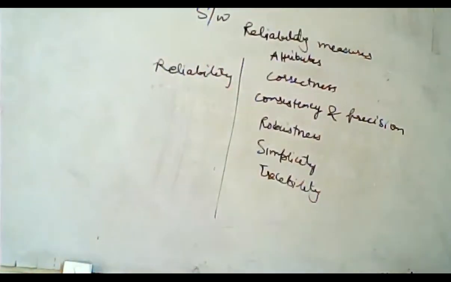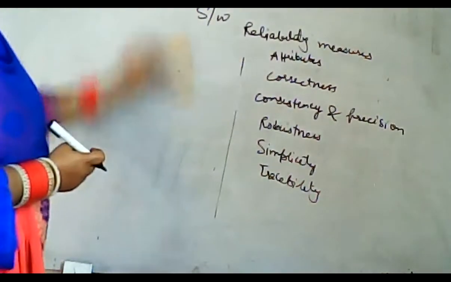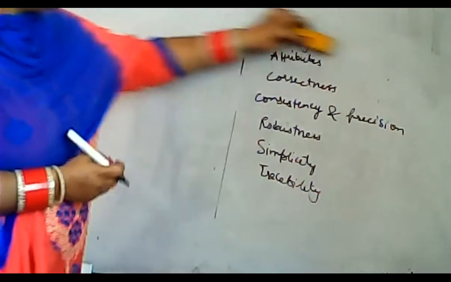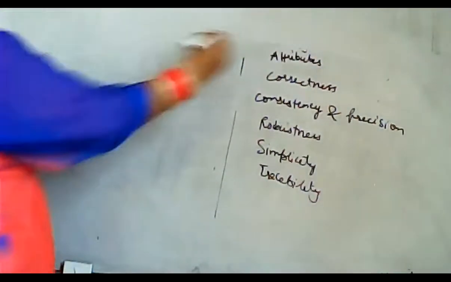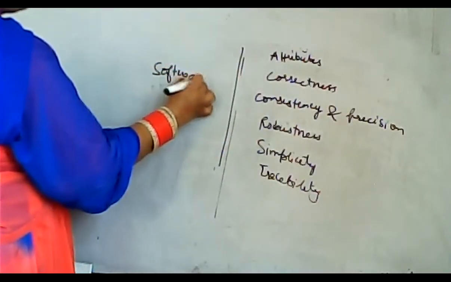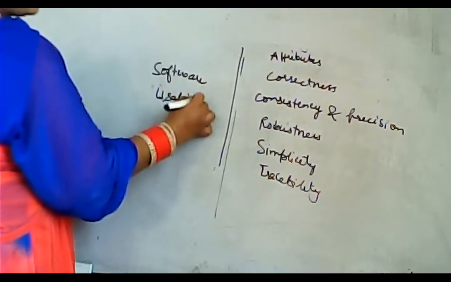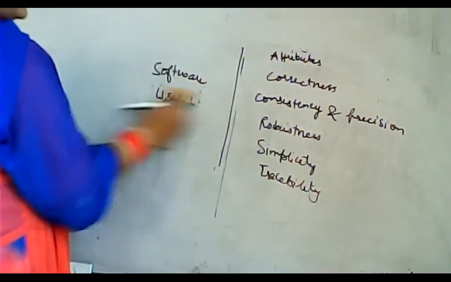So, if we define the software in terms of usability, this is reliability. If I replace this term with usability, what is software usability? What attributes define software usability?